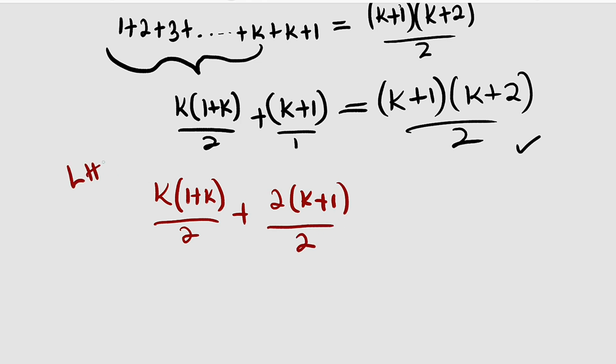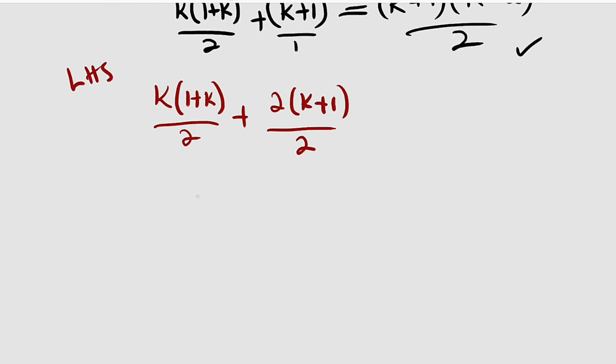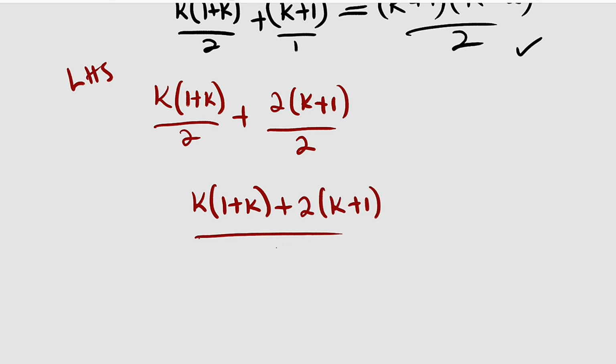Remember, this is the left hand side. Since we have common denominators, we can add the numerators. This is k multiplied by 1 plus k, then plus 2 multiplied by k plus 1. The whole of this divided by 2.